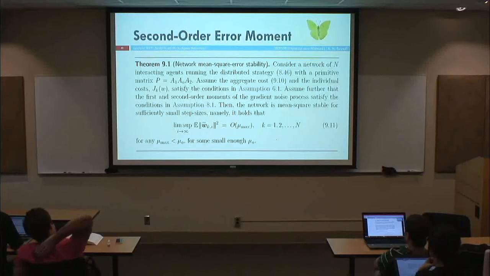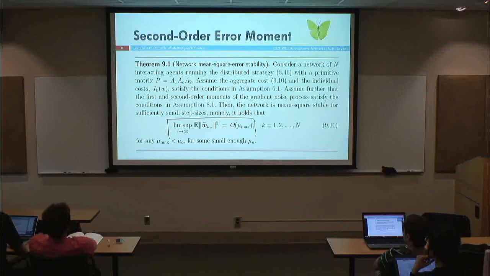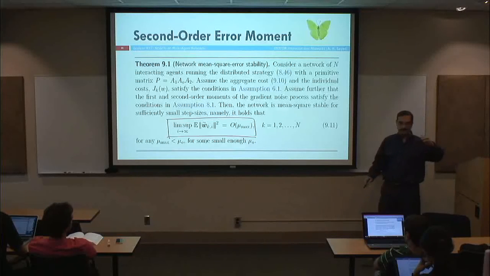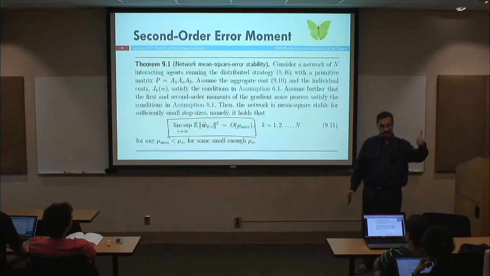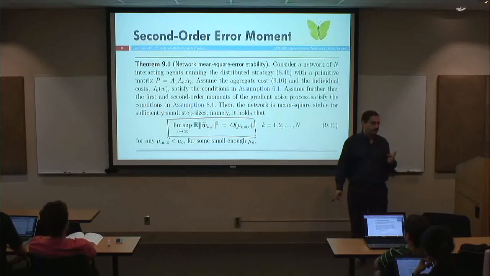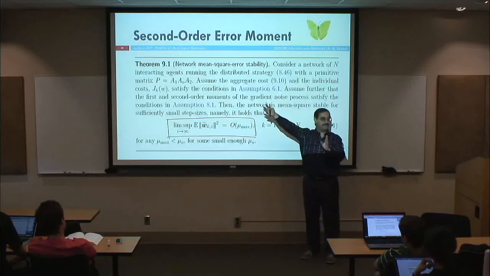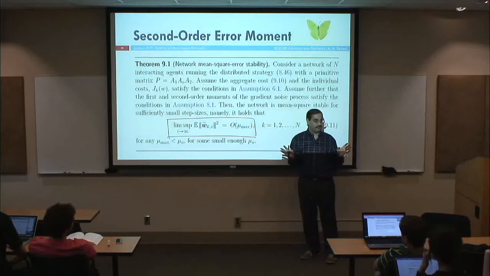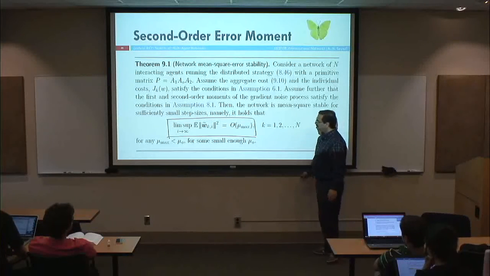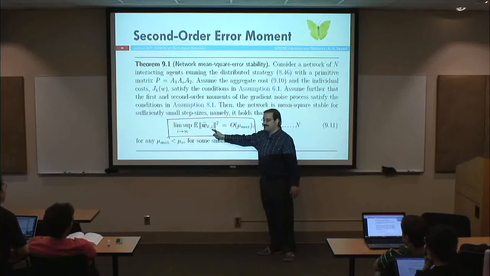What I would like to show is this theorem, that under the conditions I stated on the gradient noise, for example, conditionally zero mean and bounded second order moment, under these conditions, the fourth order moment I will need later. For now, the second order moment is enough. That the algorithm is mean square stable.